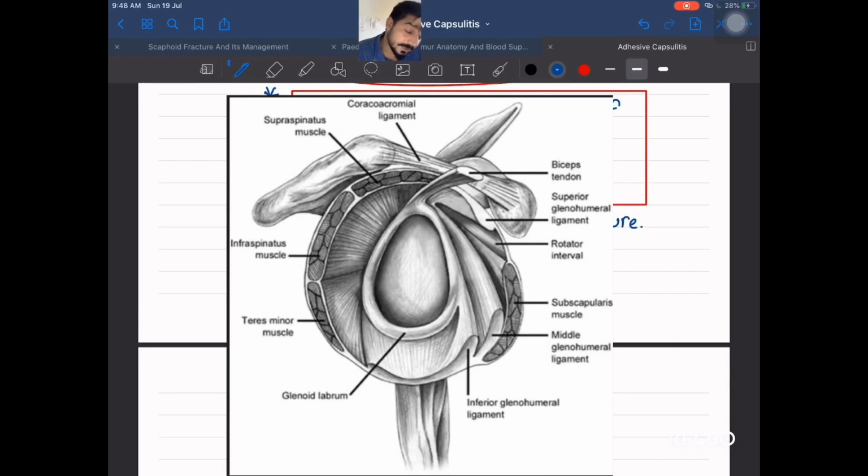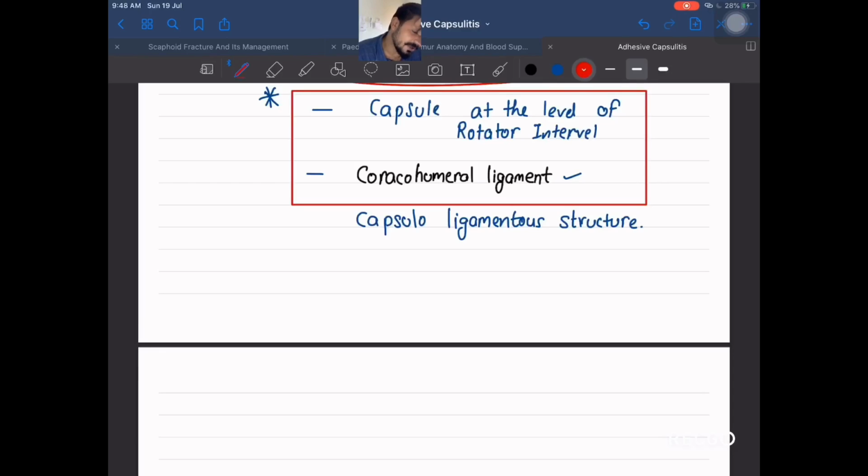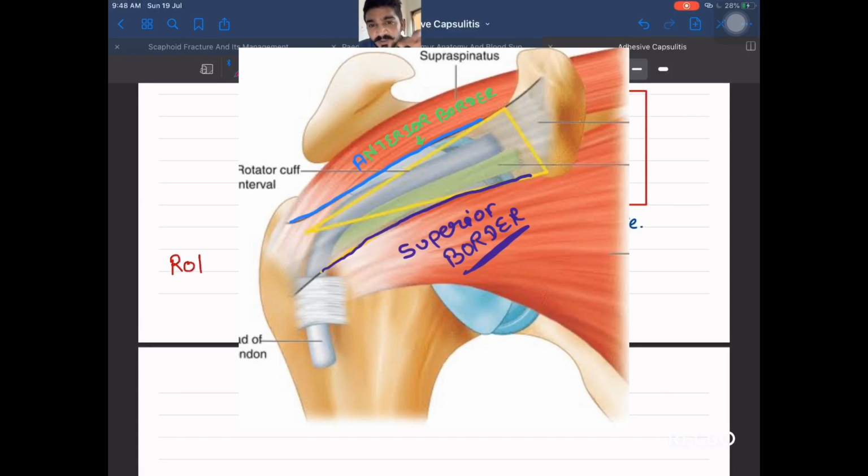Now, next let's look at the rotator cuff interval boundary. In this image, we can see the triangular structure. We can see the greenish tinge ligament. This ligament is actually the coracohumeral ligament. It is one of the components of the content of the rotator cuff interval.